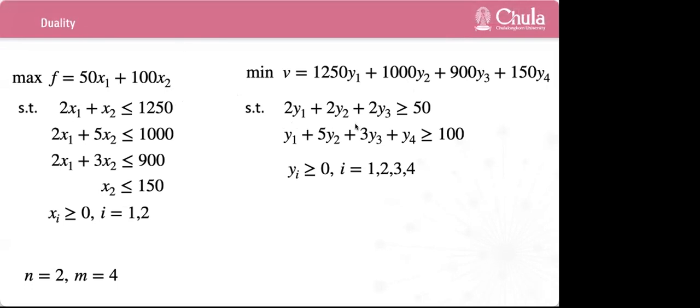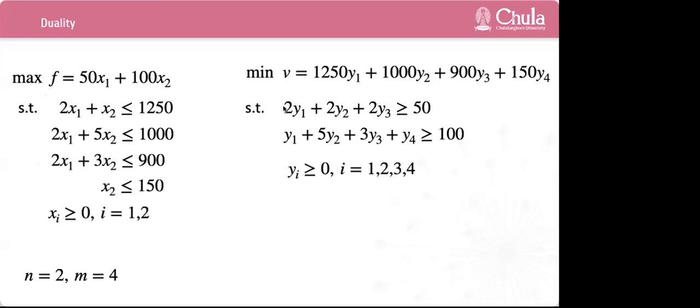Also for the constraints, we can transform from the primal problem to the dual. For the first constraint, how do we get these coefficients? This 2 is from this one, and this 2 from this one, from the first column, x1.